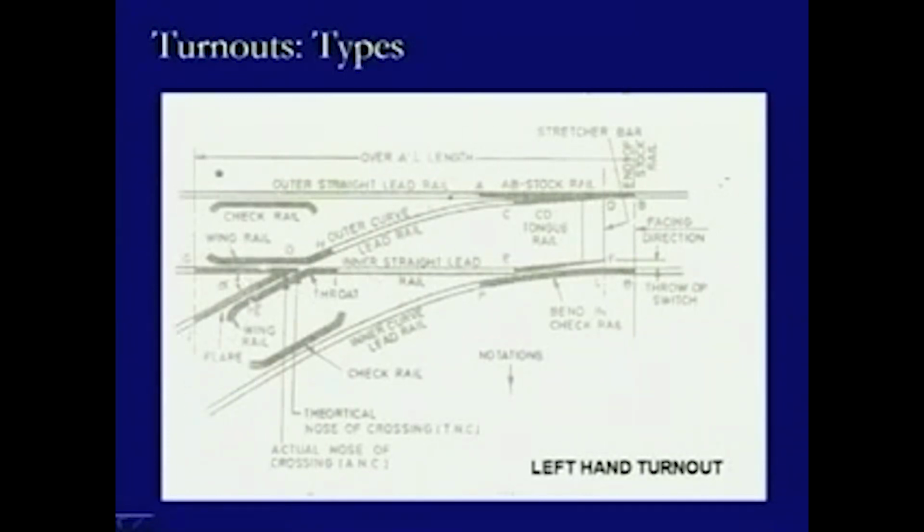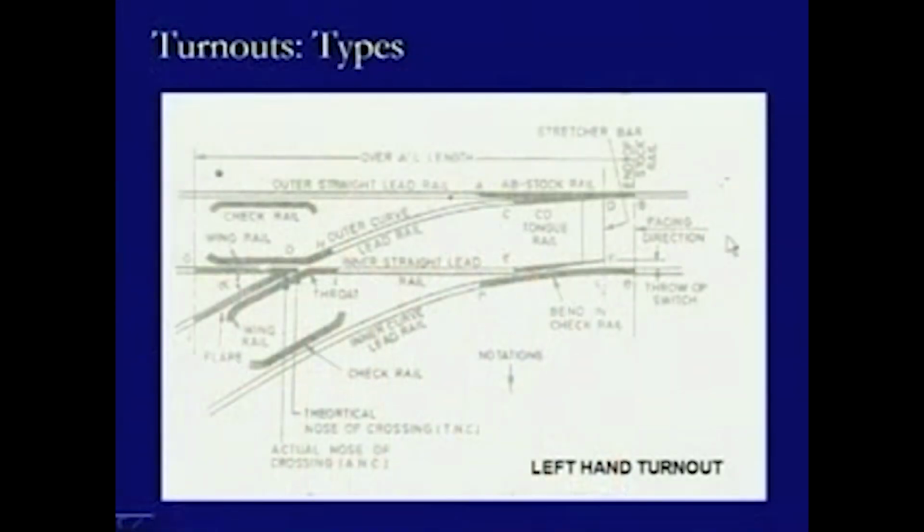And another thing is that these two rails which have been joined here are the point rail and the splice rail, and how we differentiate between a point rail and a splice rail we will look at further when we take up another definition. And here this is the facing direction. Facing direction is taken with respect to this track where we are standing on the points and looking towards the crossing.